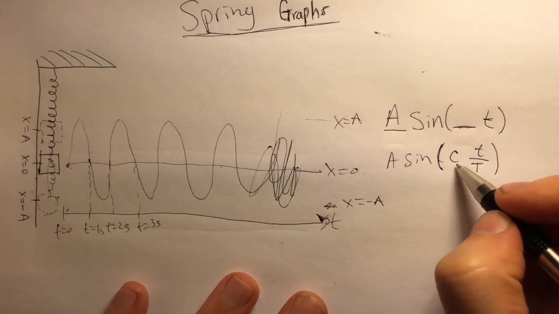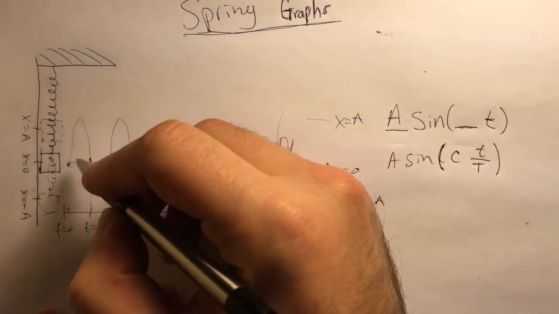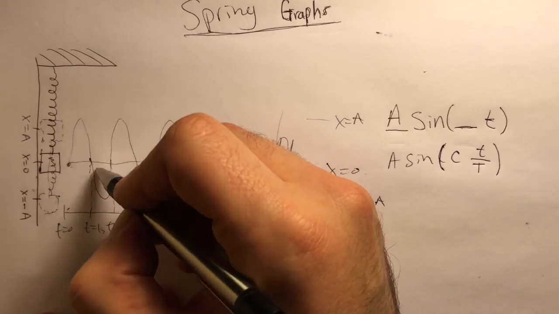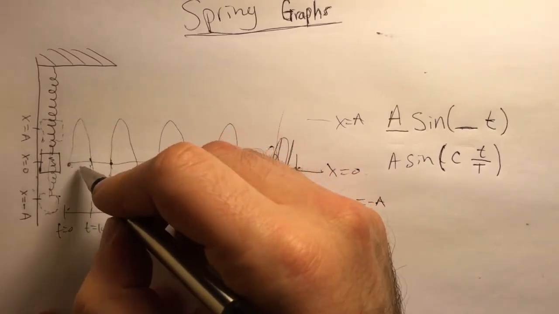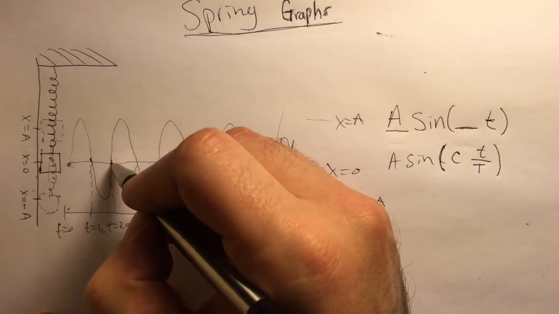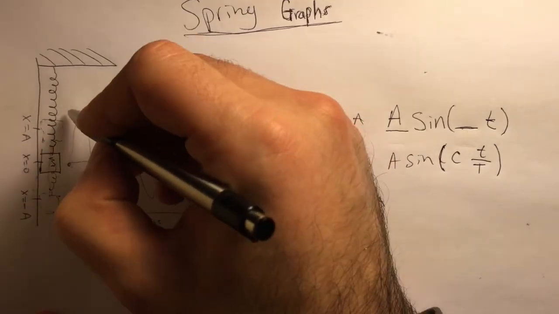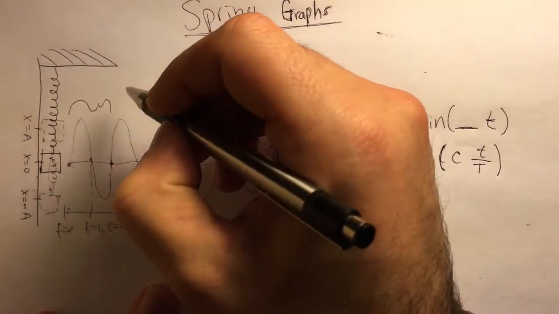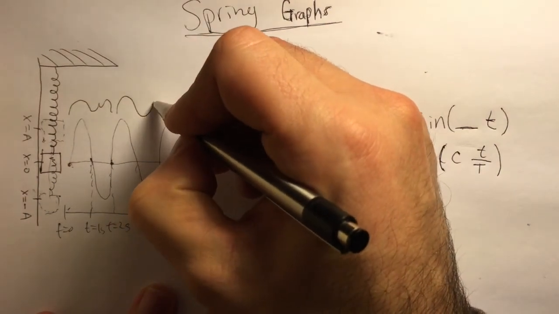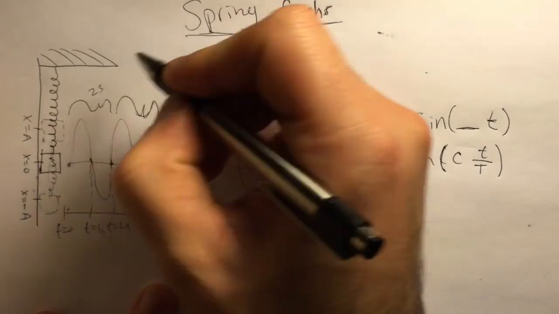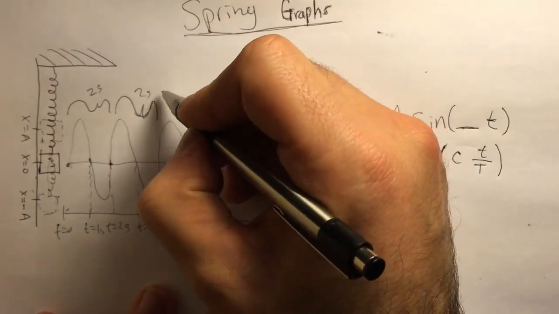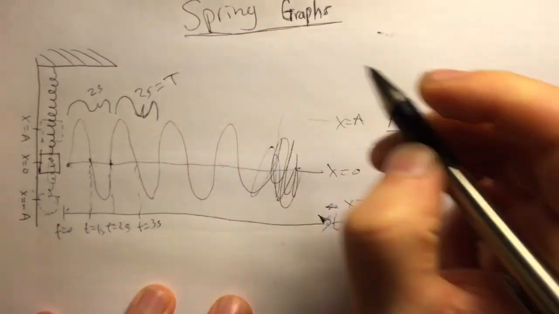So now what's that constant? By the way, the period is when it goes up then down to the same position, up then down. So the period is every time it goes up, then down, then back up. And so these are each one period, and it looks like that's 2 seconds. So the period is equal to 2 seconds.